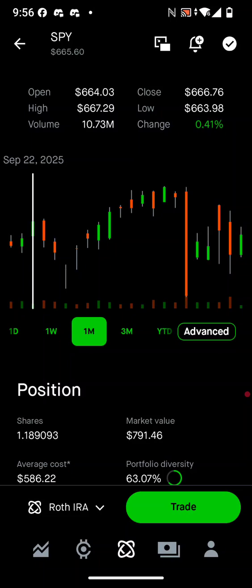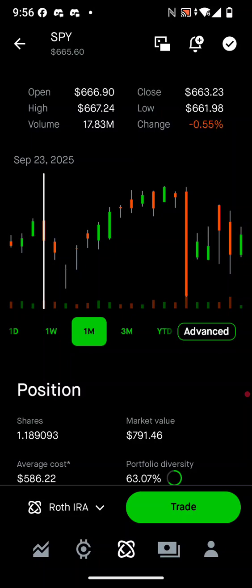So the range for this day was from 664 to 666. The next day, it opened at 666 and closed at 663, so it closed lower. That's a red candle.